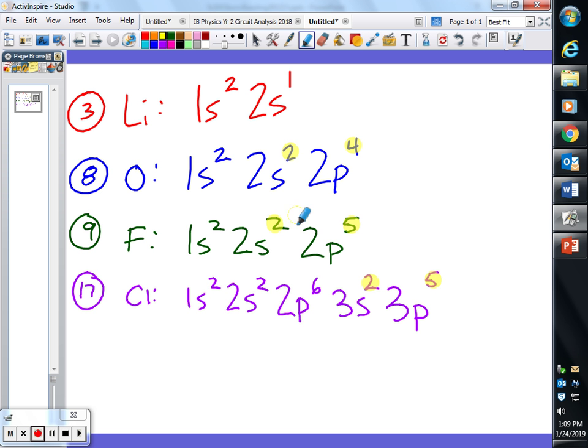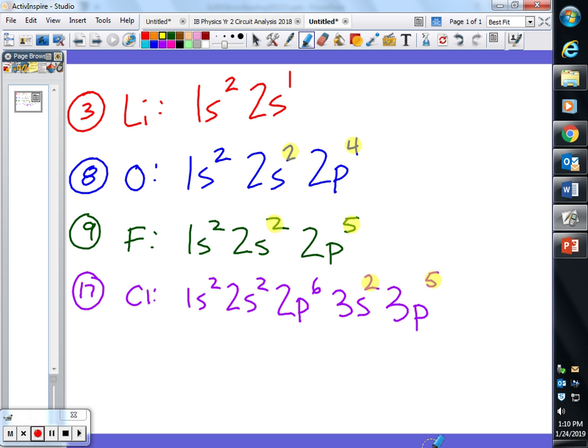We talked about that these 2p orbitals can hold 6 electrons. There's already 5. It needs to pick up 1 more to get there. Okay? Same is true of chlorine, right? 7 valence electrons, they're just 1 level higher. It's looking to pick up 1 more to make it full.